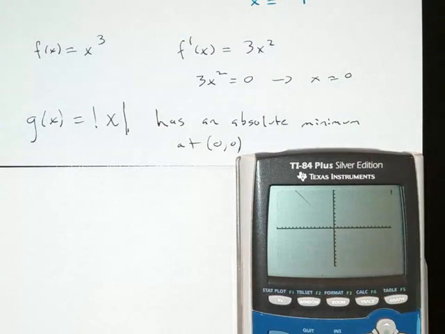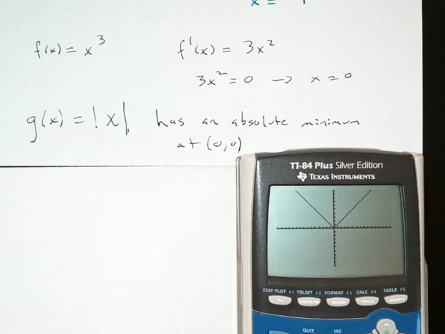You should look at it in the square window so it looks right. What else do you notice about this graph at 0? It means my derivative doesn't exist at 0. This function has a corner.